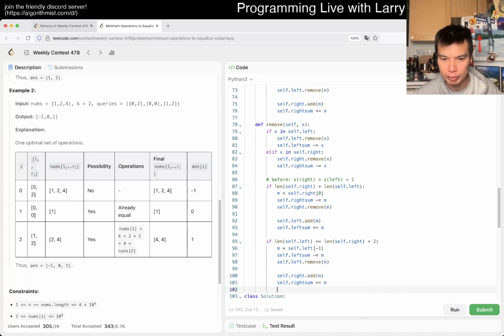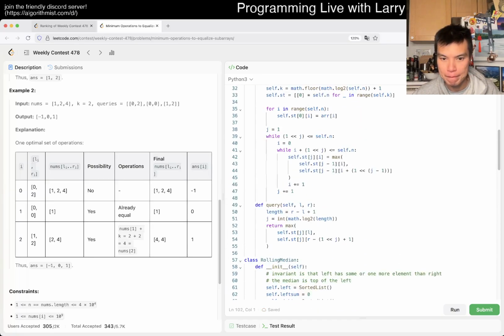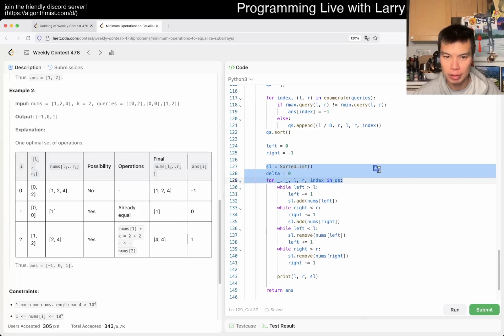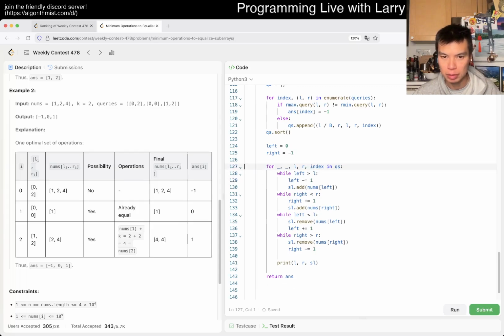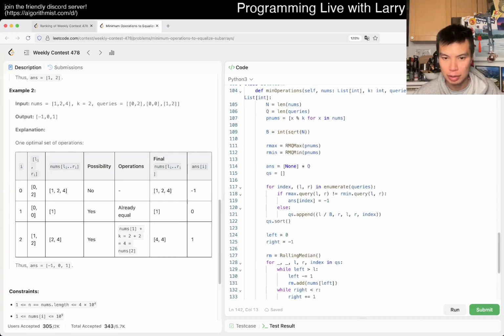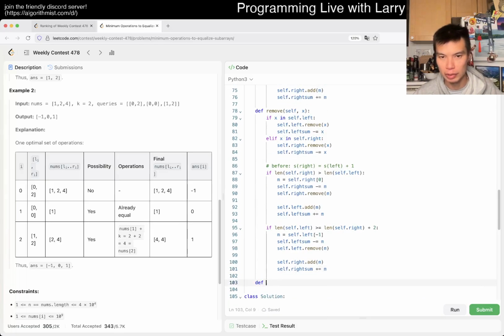Okay. All right. Okay, so now the median should be a decorator, or it should be a property, but okay.